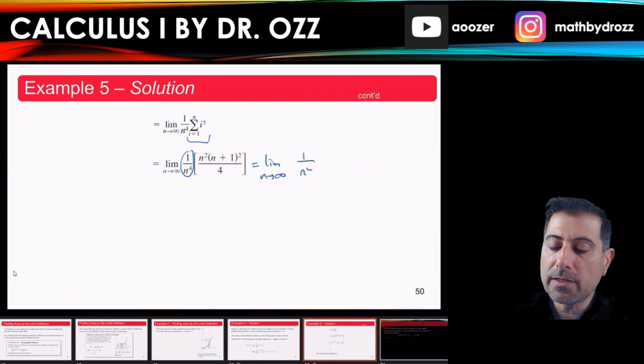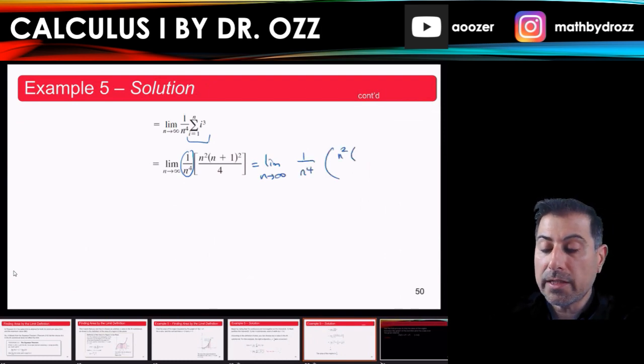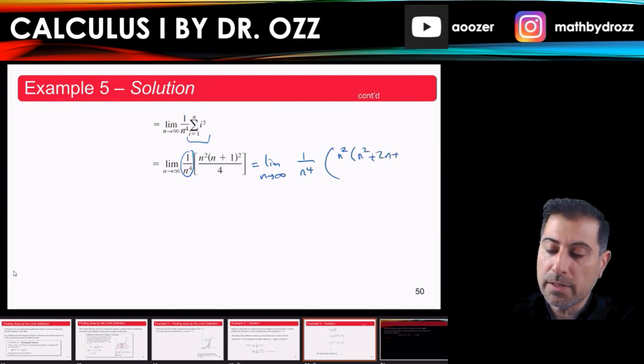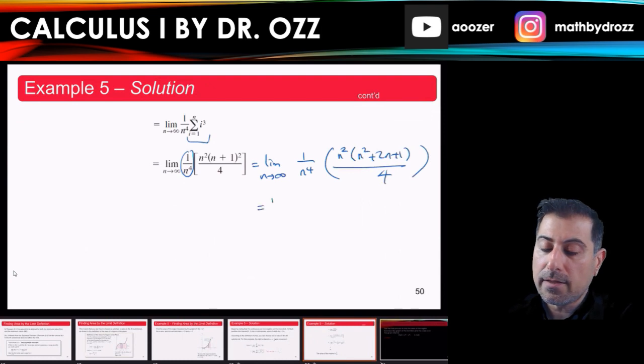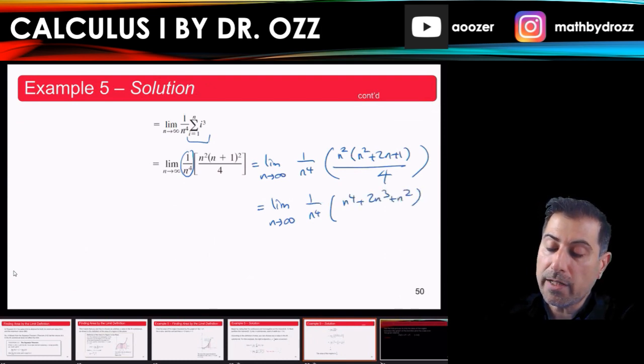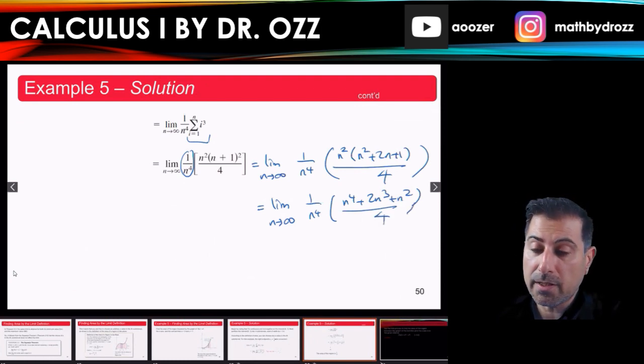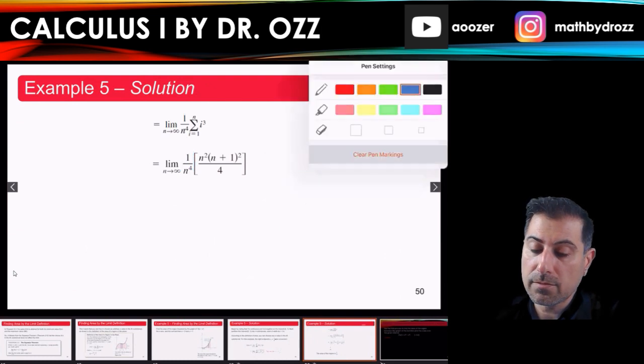This is 1 over n to the 4th times n squared times the quantity n plus 1 squared, which is n squared plus 2n plus 1, all divided by 4. In fact, that's equal to 1 over n to the 4th times (n to the 4th plus 2n cubed plus n squared) divided by 4. In the next slide, I'm going to show that to you. There we go.